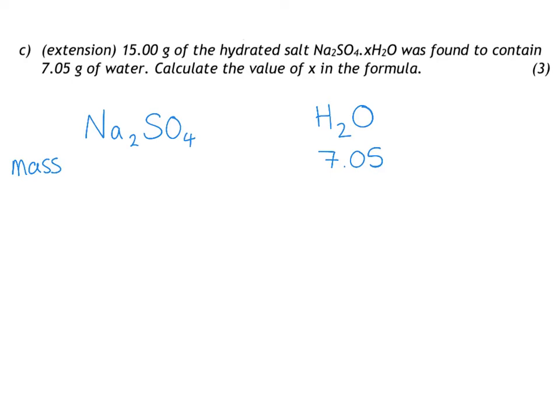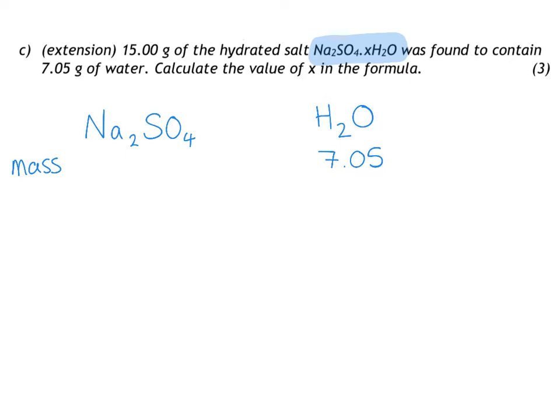So this hydrated salt is a compound that contains ionically bonded sodium sulfate. Water is obviously covalently bonded, and then these waters of crystallization stick to the sodium sulfate. You've seen this with copper sulfate. Hydrated copper sulfate is blue, and then it turns white when you heat it, and that's anhydrous copper sulfate.